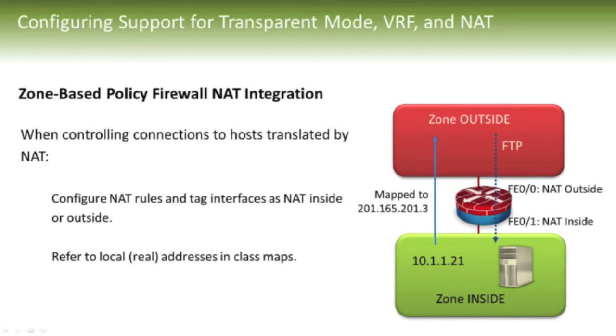So we don't have to take into account any of the NAT mappings when configuring these firewall rules, because the router automatically identifies the correct traffic flows even if those addresses are also mapped using NAT.